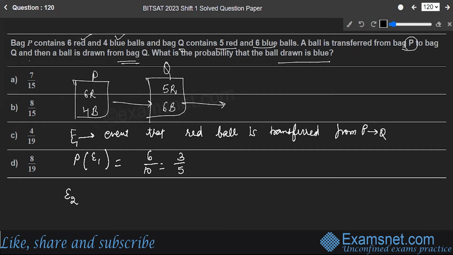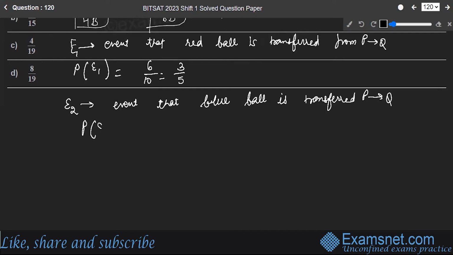And let E2 be the event that a blue ball is transferred from P to Q. In that case, the probability of event E2 to happen is 4 upon 10, or 2 by 5.